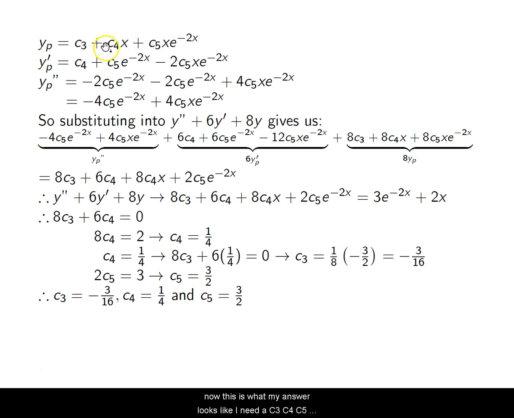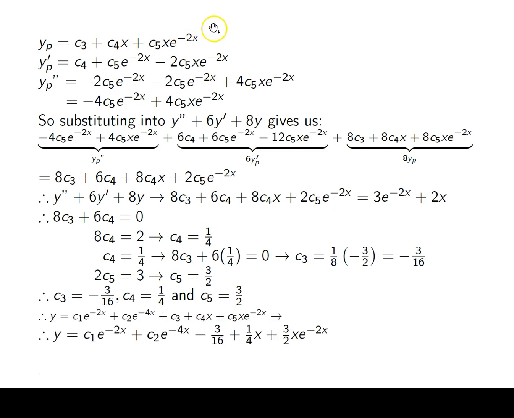Remember, this is what my answer looks like. I needed c3, c4, c5, so I'm going to take my particular solution. So I got my general form plus my particular solution. This is going to imply that I have my general solution and then the coefficients where they need to go for the particular solution.